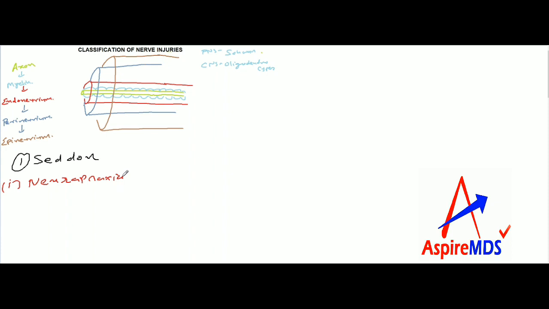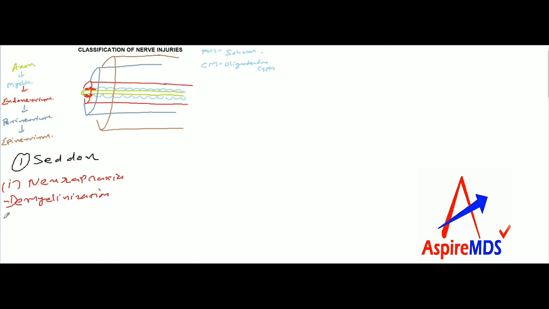What happens in neuropraxia is that the myelin covering of the nerve is damaged, so that area of the nerve gets demyelinated. So neuropraxia is characterized by demyelination.